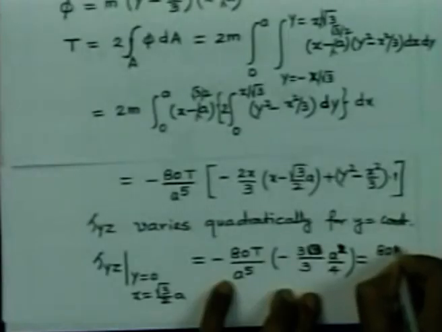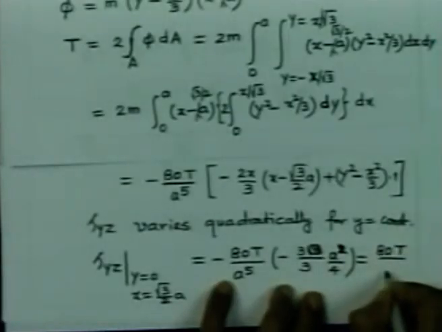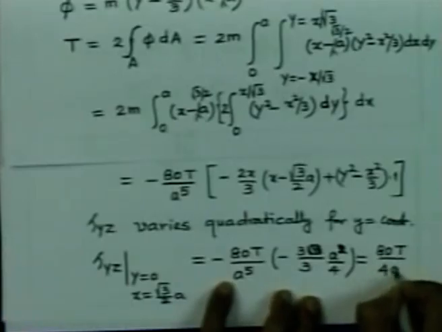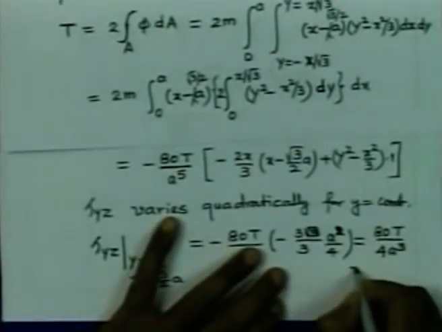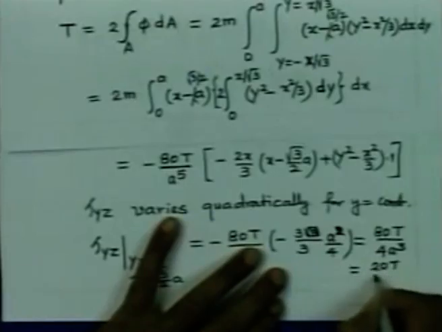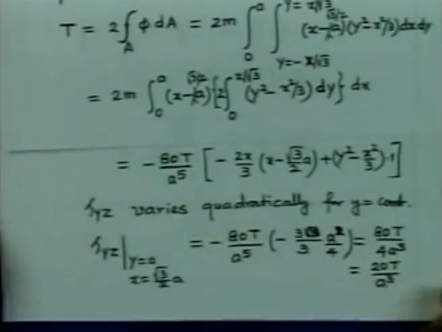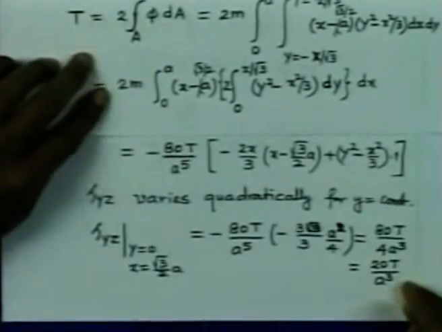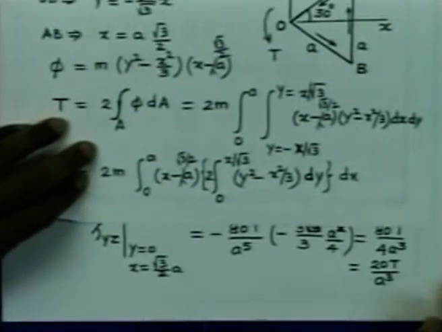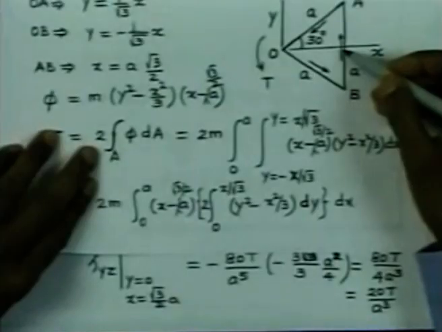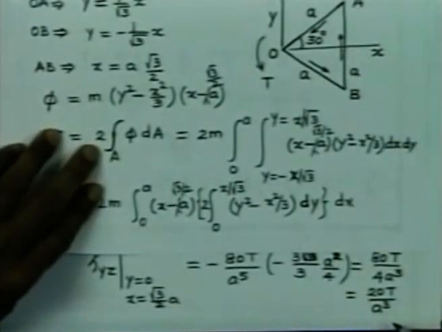So, this gives us 80 t by 4 a cube, which is nothing but 20 t by a cube. So, the stress which is going to be occurring at the end point of the x axis, if you consider this point, at this point the stress is going to be 20 t by a cube.